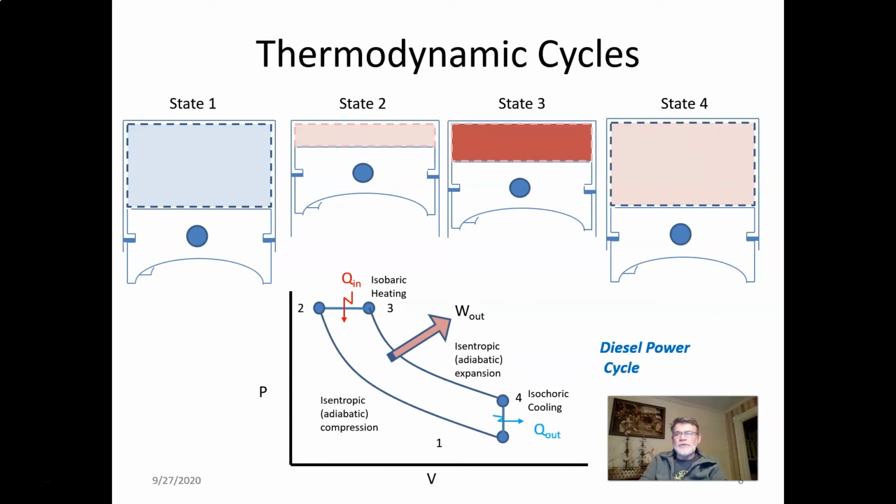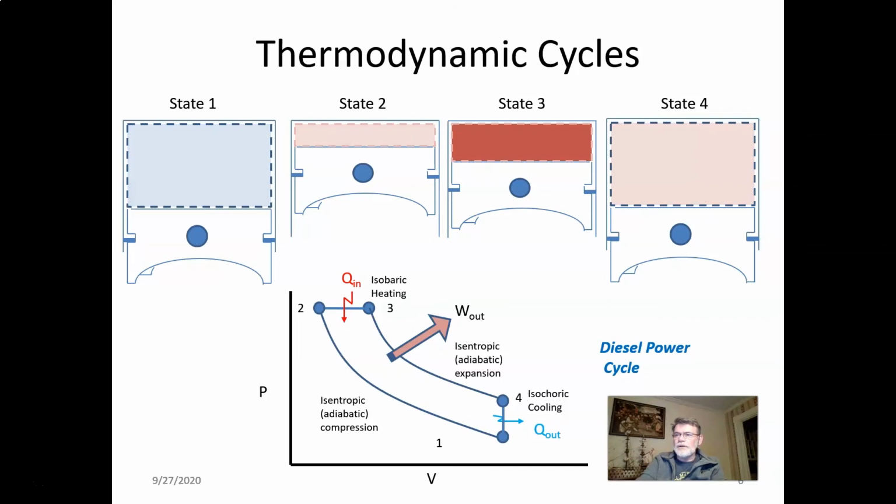This one is a familiar cycle. It's the diesel cycle again. And there are other power cycles. The diesel cycle is one, but you have the Otto cycle, as you know, the gasoline engine cycle.